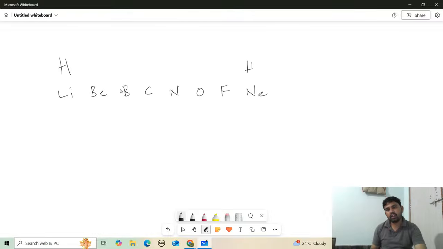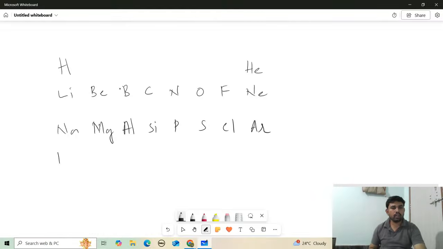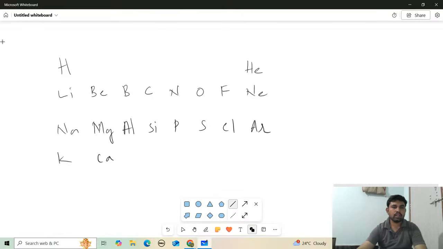Here we have helium, then sodium, magnesium with atomic number 12, aluminium, silicon, phosphorus, sulfur, chlorine, argon, and then potassium and calcium.